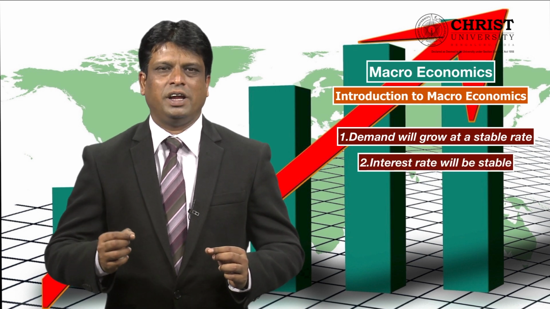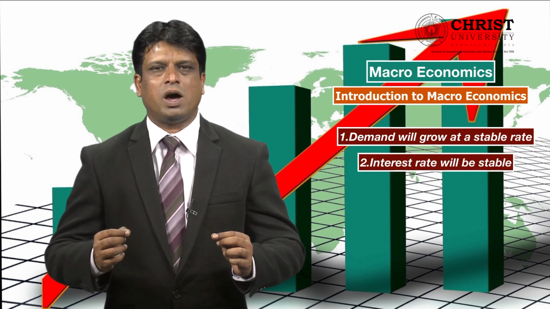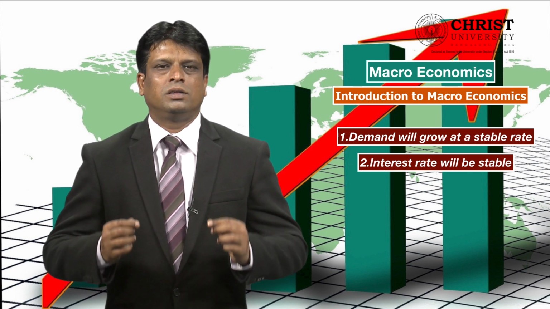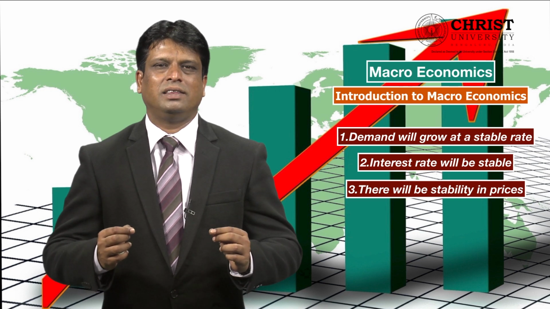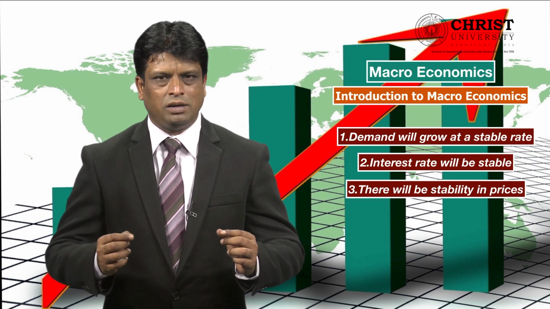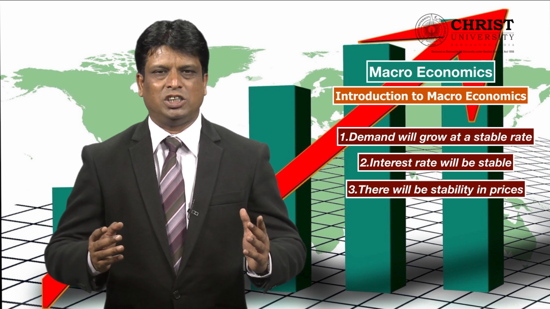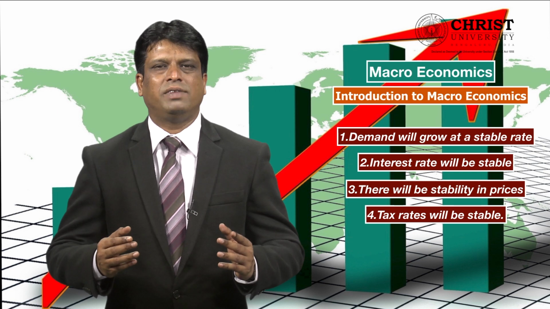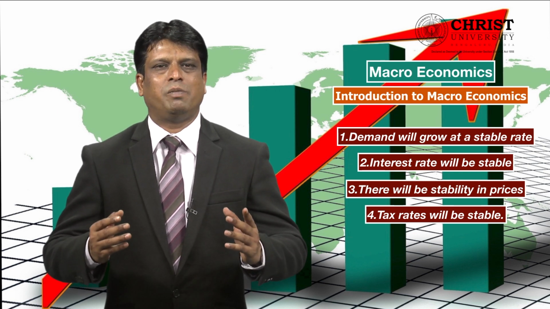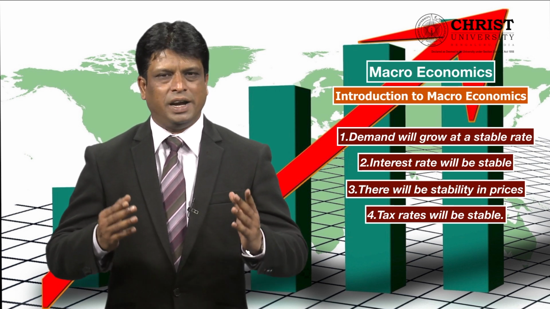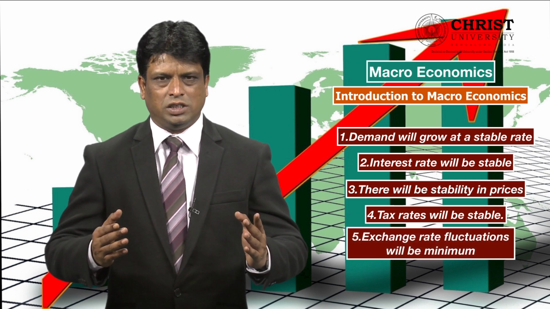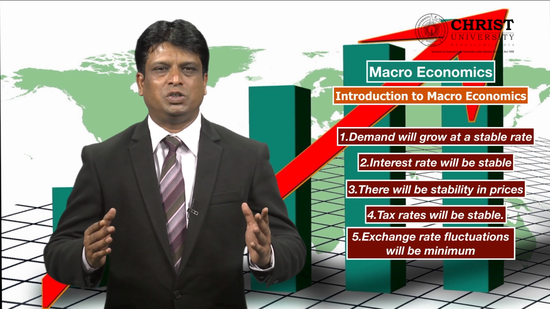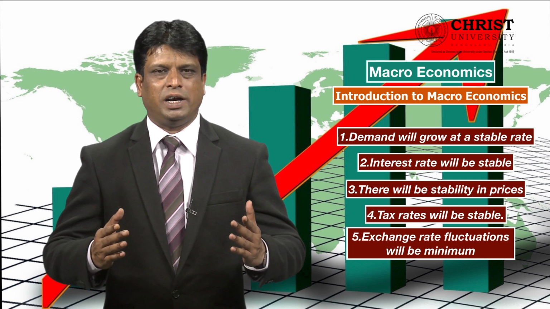Second assumption, it believes that the interest rate in the market will be stable and fixed. Third, they believe that there will be stability in the price level, which means the rate of inflation is going to be constant. Fourth, they believe that tax rates fixed by the government are going to be stable and given. And fifth, they believe that exchange rates are not going to fluctuate, or even if they fluctuate, it is going to be minimal.